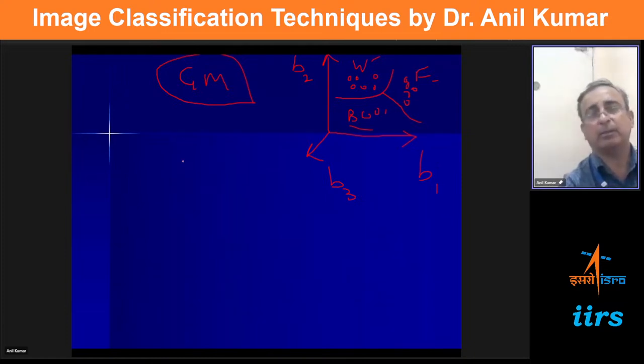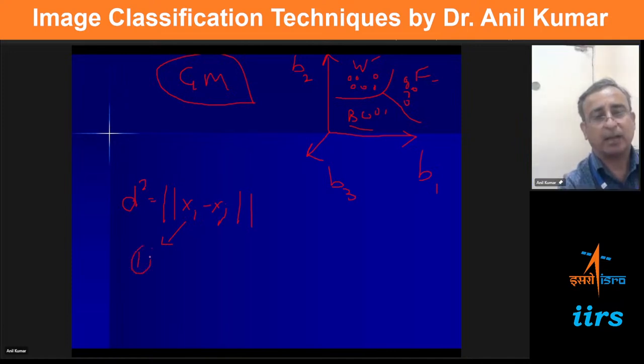The second is the distance method. Here you can use the Euclidean distance, d square, which is the difference of vector i minus vector j. This is coming from class 1 and this is coming from class 2.